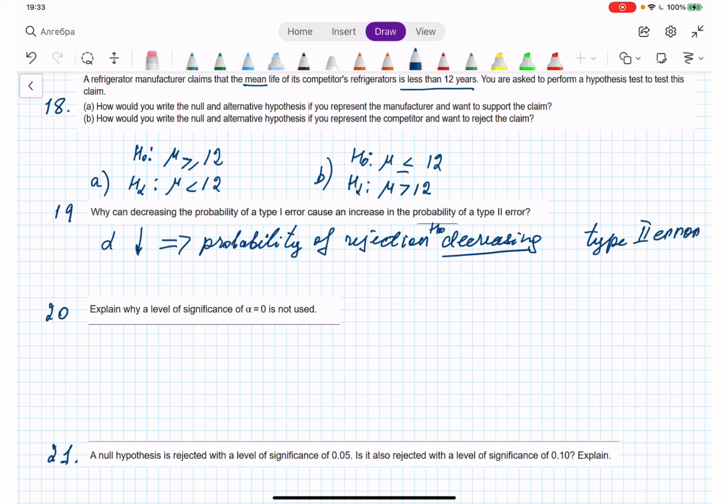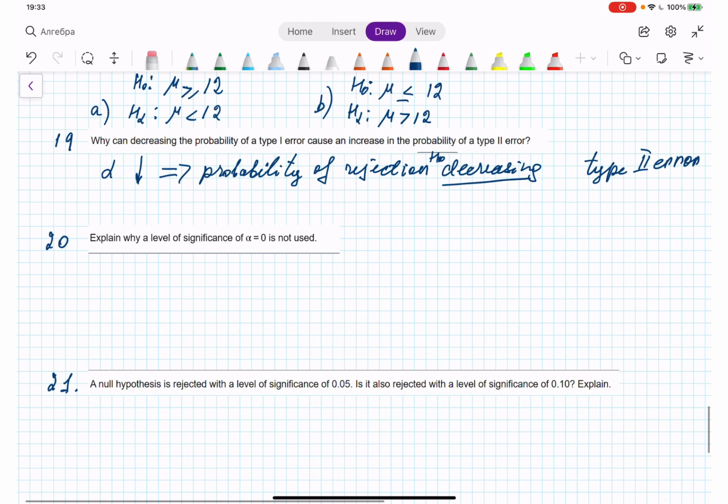Number 20. Explain why a level of significance alpha equal to 0 is not used. Because when alpha is equal to 0, the null hypothesis cannot be rejected, because we put an equal sign and it's 0.